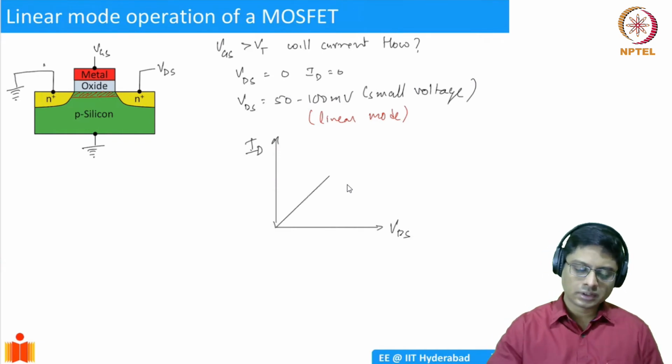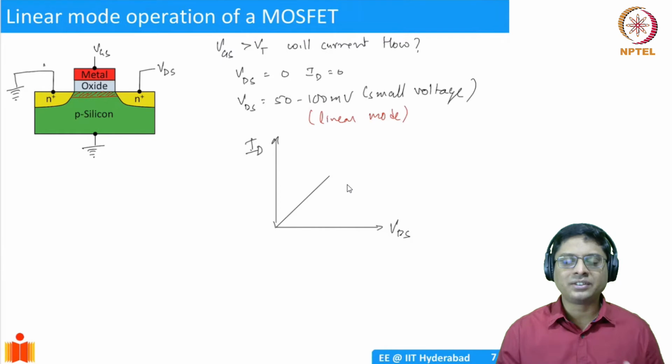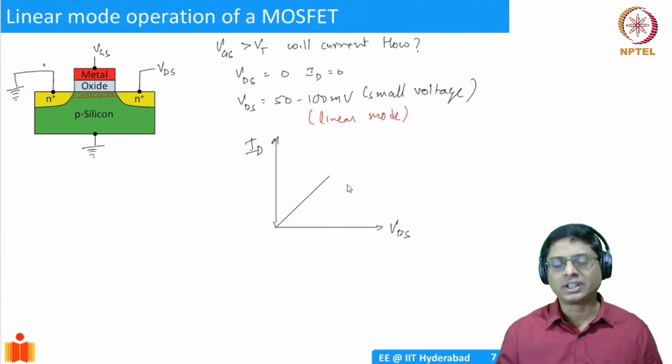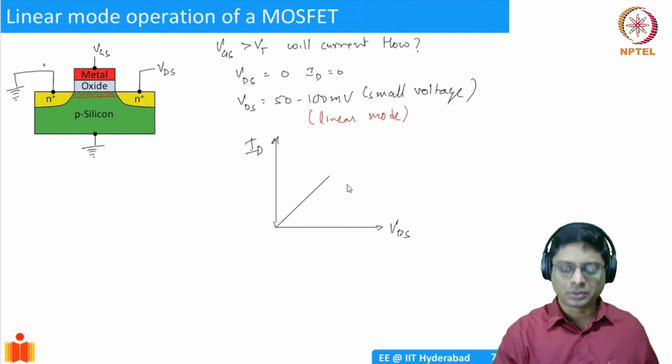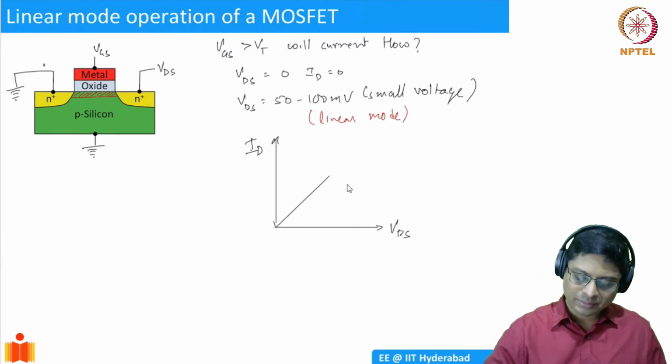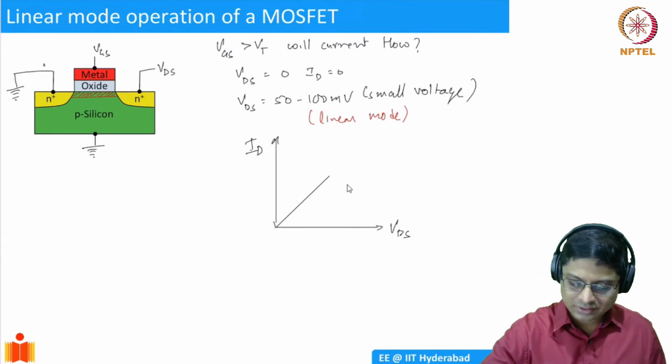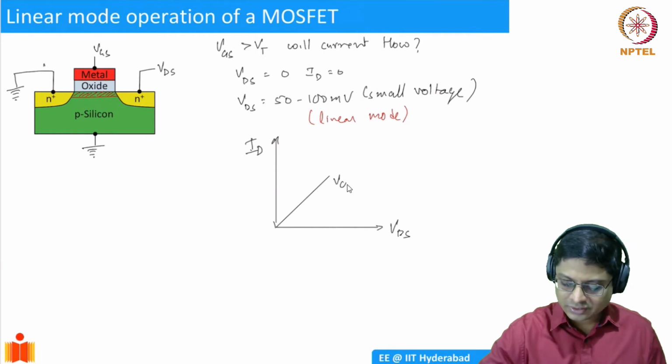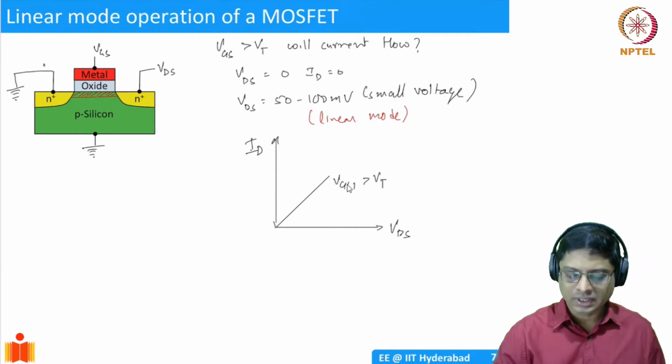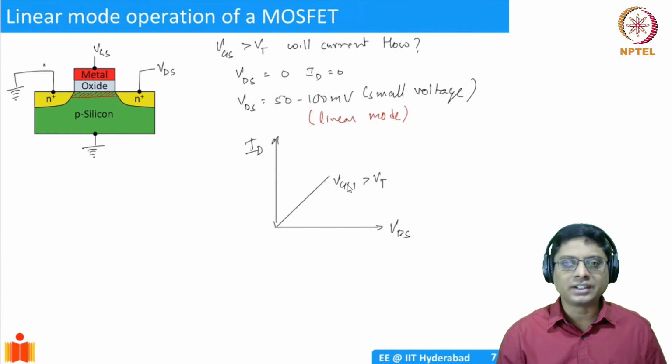Okay. Since we have an inversion charge anyway, the VG has been fixed, above VT. So there is some current, depending on the gate voltage, it will simply flow. Okay. So let's maybe call this VGS1 greater than VT. So current increases.